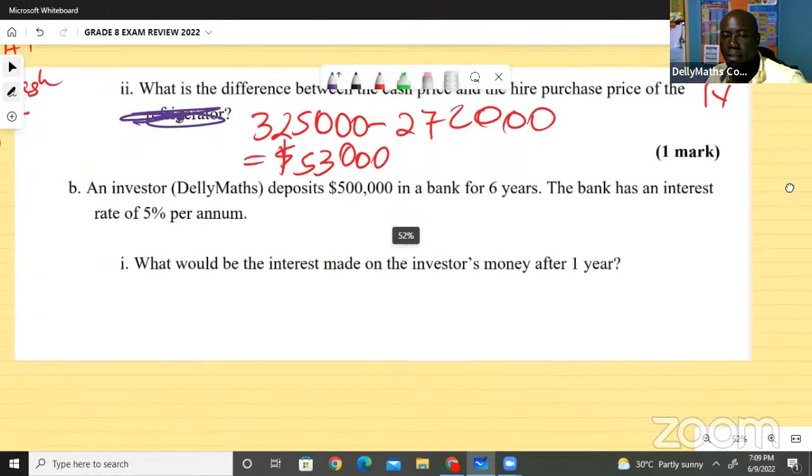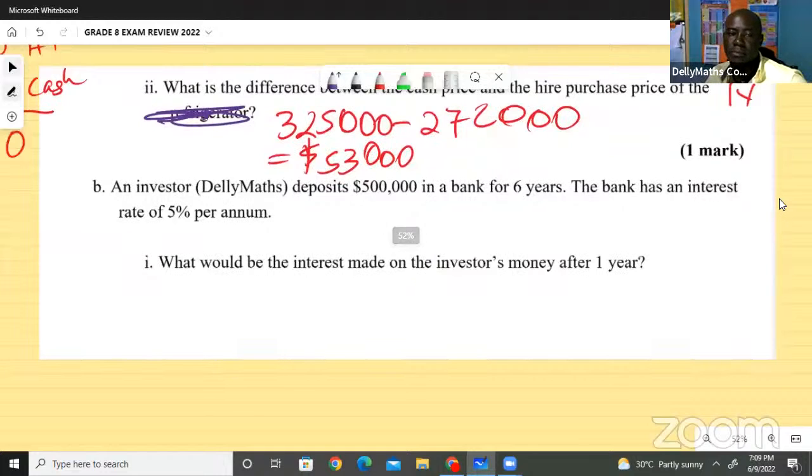All right, let's look at the other question. The other question says, an investor deposits 500,000 in a bank for 6 years. The bank has an interest rate of 5% per annum. What would be the interest made on the investor's money after 1 year?